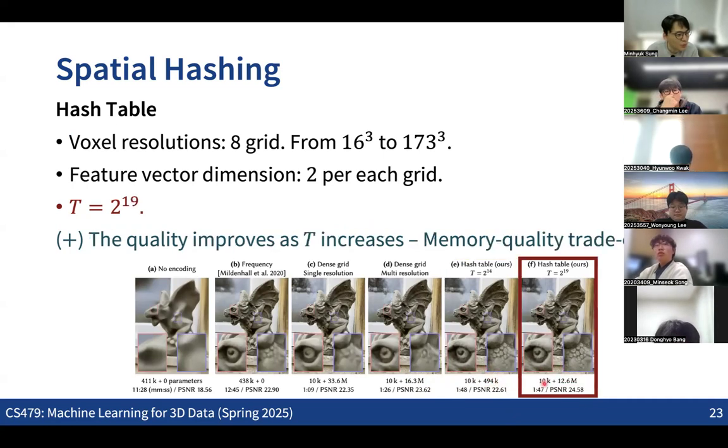And obviously, if we increase the size of the hash table, then we can get much better quality while also taking lots of memory. So we can see the memory-quality trade-off in this case. This is the idea of how we can control this trade-off by using the multi-resolution grids and the hash table idea.